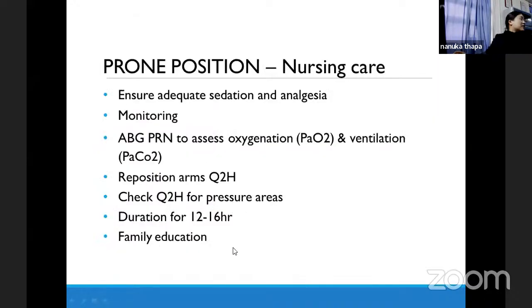Next. So we'll show you the practical demonstration of the prone ventilation. We have videos here, so we'll be showing you videos. I think it's not able to play.